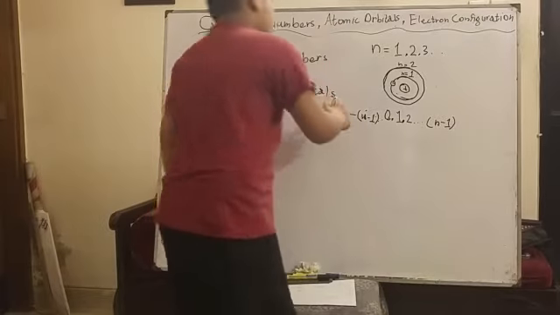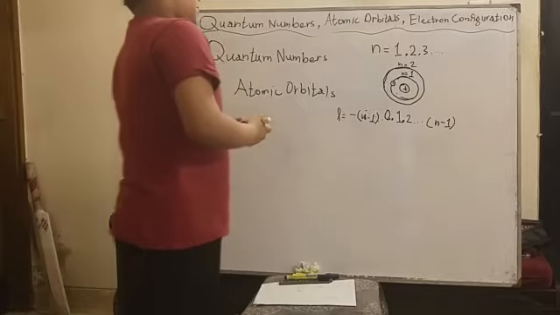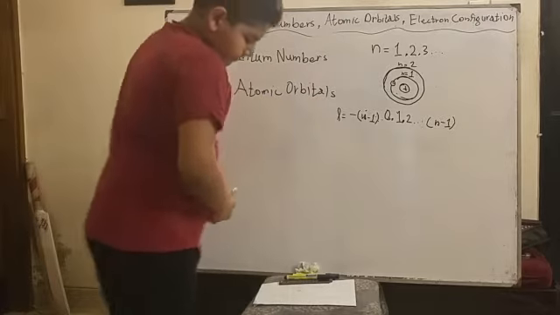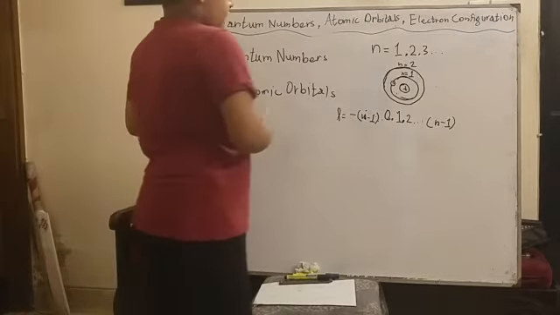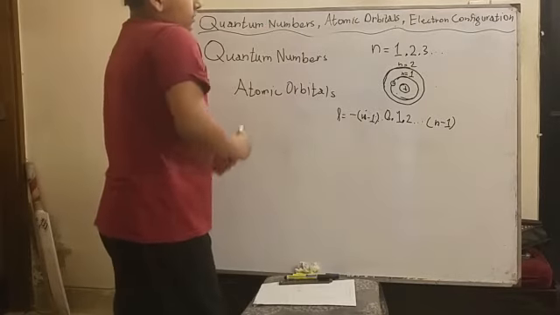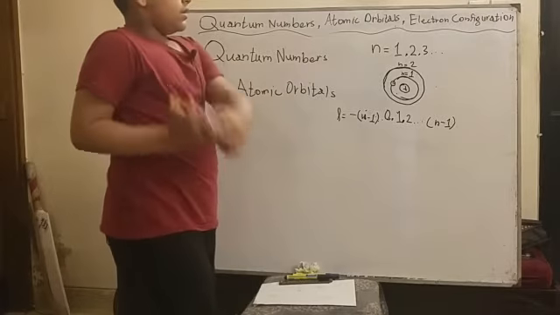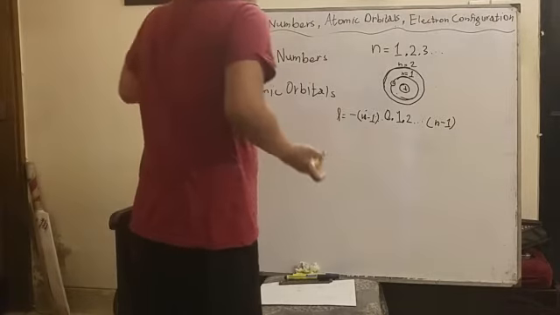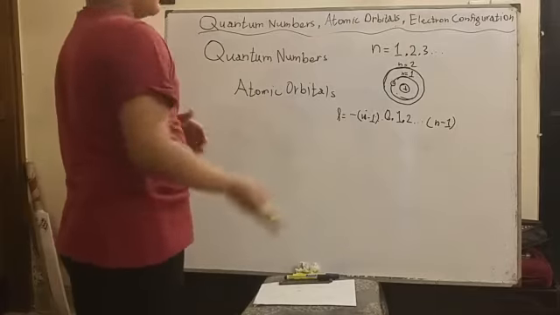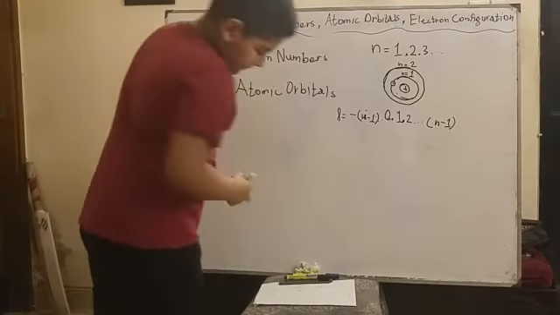So we can say that the L value is dependent on the n, because n minus 1 would be the limit here. So if n equals 3, then L would be negative 2, negative 1, 0, 1, 2, and that's all, because 2 is 3 minus 1.